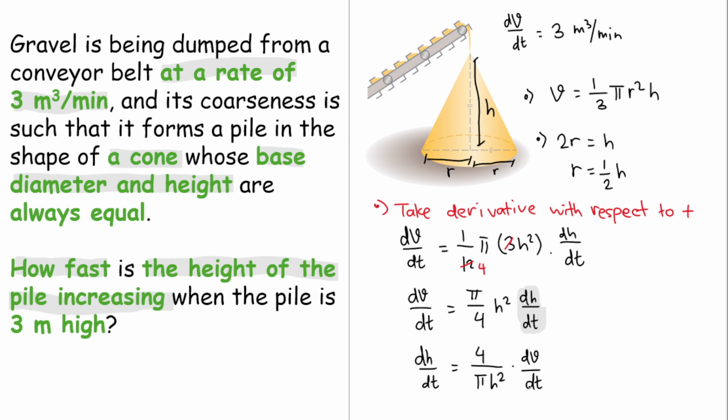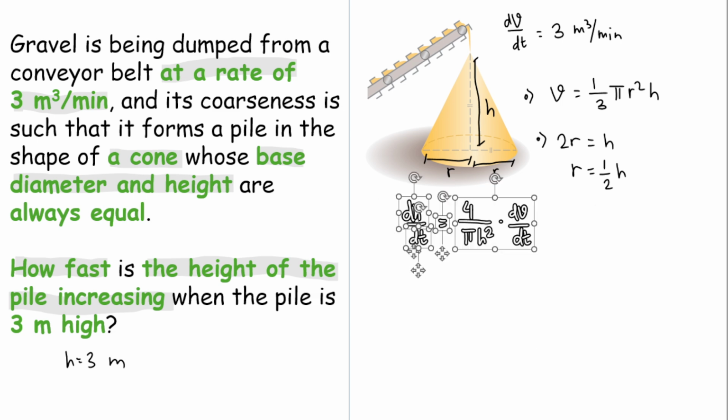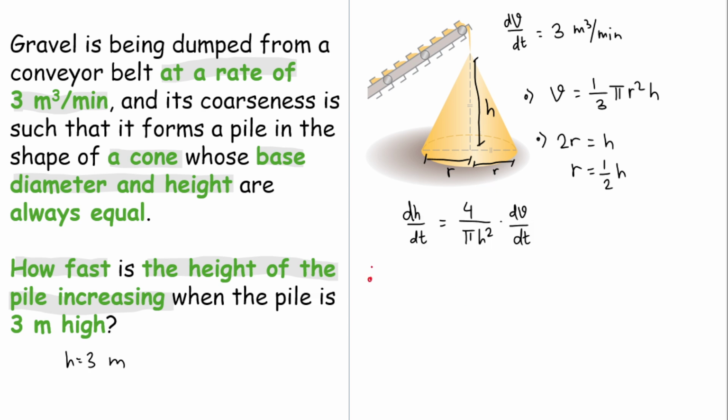Now all that we need to do is plug in when h is equal to 3 meter, right? So we'll put h equal to 3 meter into this equation. Okay, let's clean this up here. So now we can just input when h is equal to 3. I will have dh/dt when h is equal to 3.